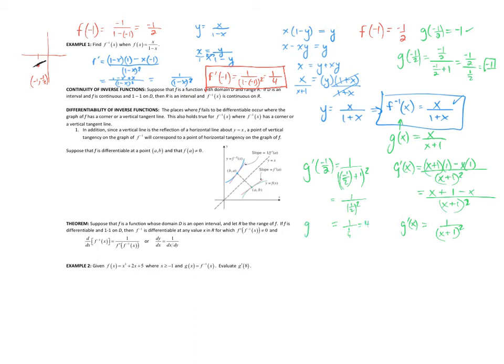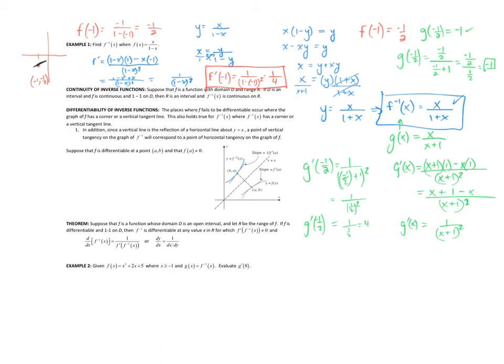Notice there is a little bit of a coincidence. I don't know if it's a coincidence or an actual real thing we've stumbled across. Look at the result. The derivative of the original function at negative 1 is 1/4, and the derivative of the inverse function at the corresponding y value is its reciprocal, 1 over 1/4, otherwise known as 4. And we're going to find that's not a coincidence, that's always true.